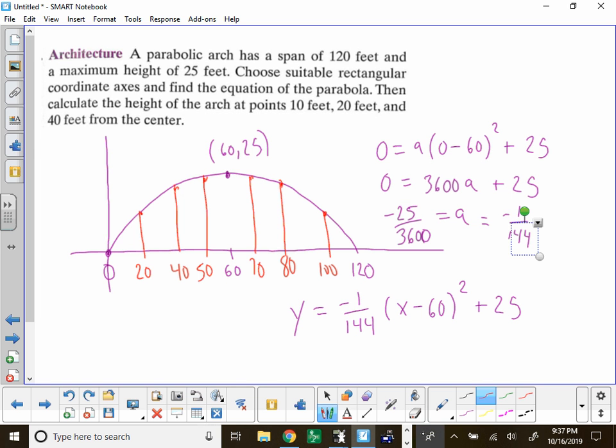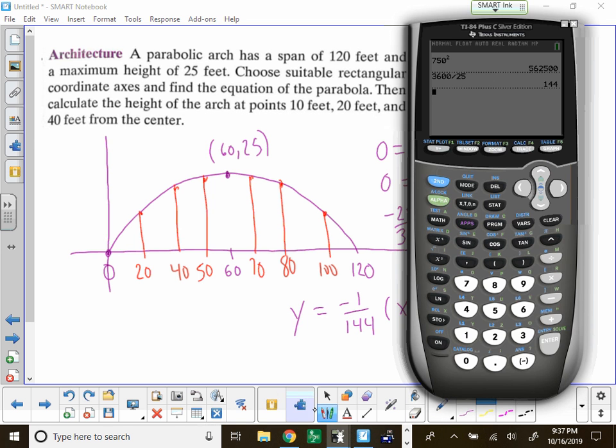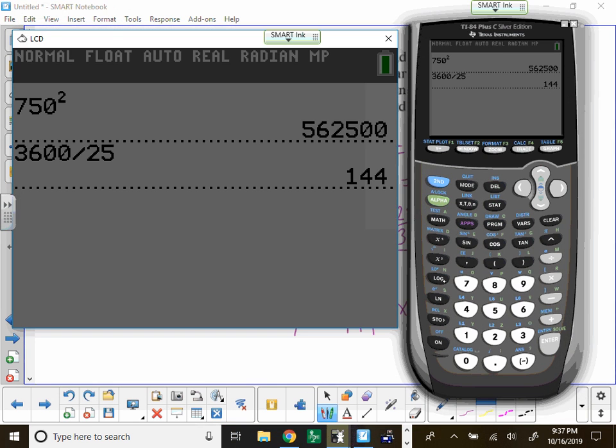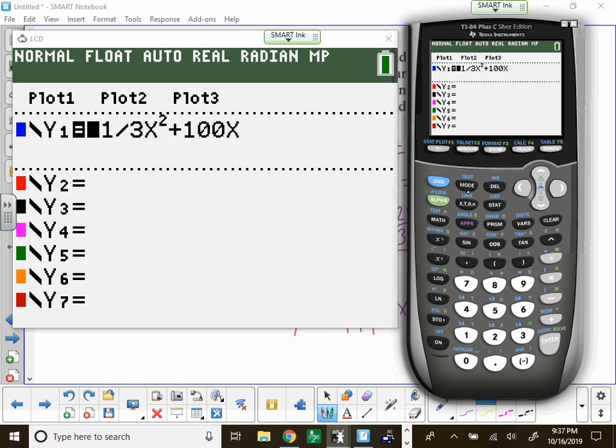So the fastest way to do that would be to go to the graphing calculator and go to y equals, clear. So it's negative 1 divided by 144, left parenthesis, then it's x minus 60, and then squared, and then plus 25, because that's the vertex.